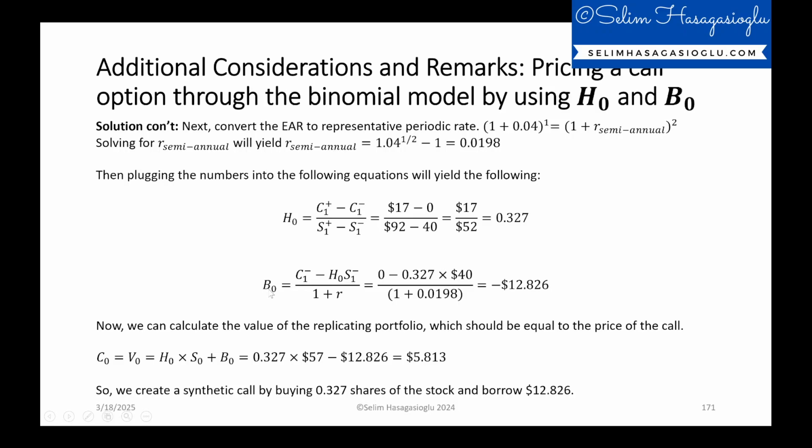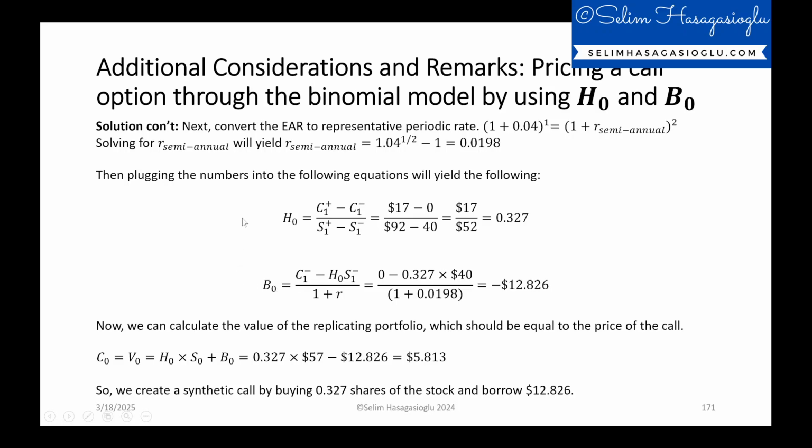And B0, the amount you need to borrow for the call option, is C1 minus H0 S1 minus, divided by 1 plus R. So just plug in the numbers. H0 you already have calculated. All other variables were already given, so the amount you need to borrow should be equal to $12.826.